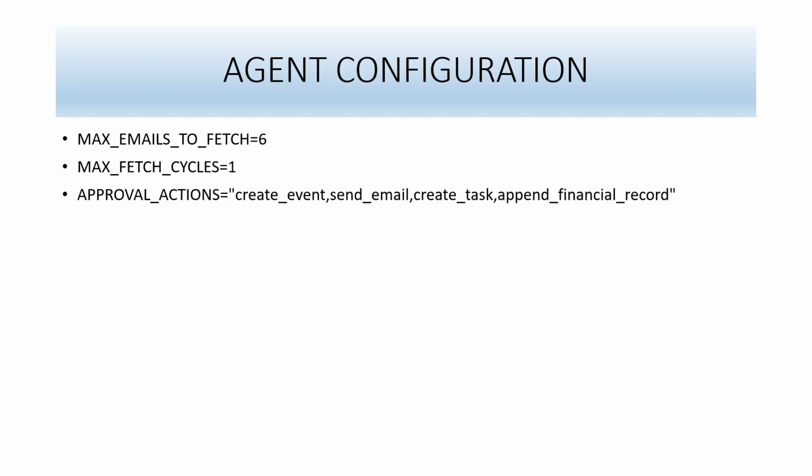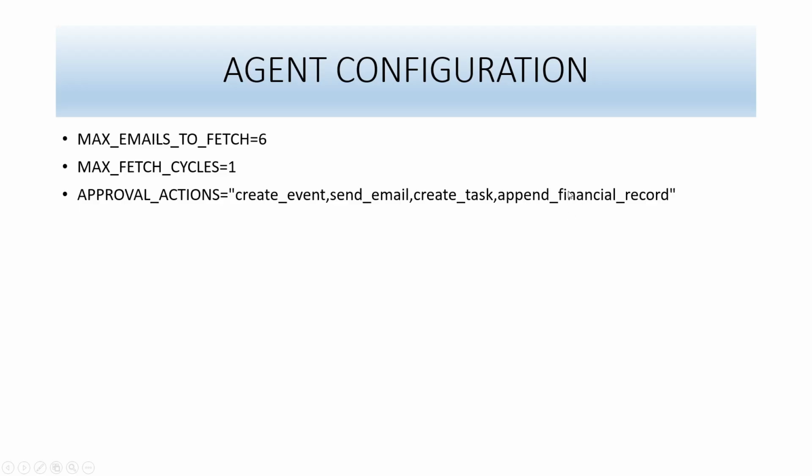And we also have configured the approval actions. That is, for these 4 different tool calls, the agent is going to seek a human approval using human in the loop mechanism. That is for creating calendar invites, for sending emails, for creating to-do tasks, and for appending financial records.